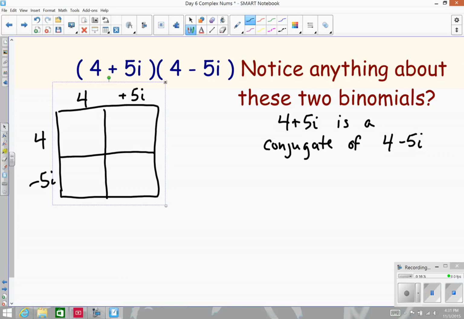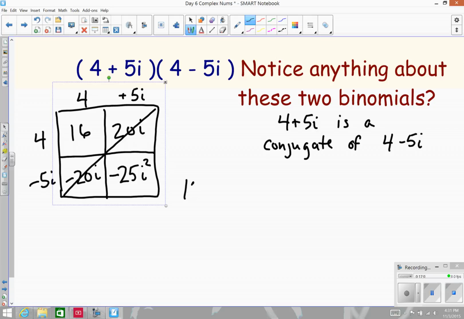Okay, so now filling in, I'm going to get 16, 20i, negative 20i, and then positive times a negative gives me a negative. 5 times 5, 25, i times i, i squared. My middle two terms are going to cancel out because I've got a product of conjugates here, so those are gone.